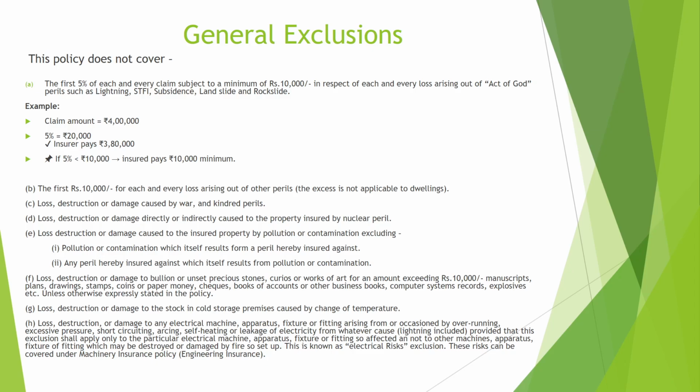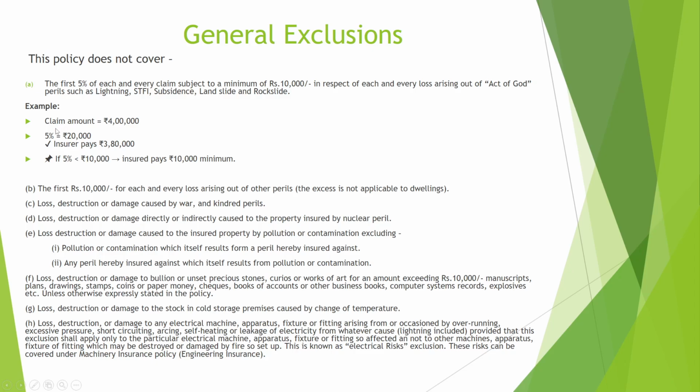The first 5% of each and every claim, subject to a minimum of rupees 10,000, in respect of each and every loss arising out of acts of God perils such as lightning, STFI, subsidence, landslide and rockslide. These are the types of policies we have discussed. So you cannot opt out of the 5%. First 5%, minimum 10,000.